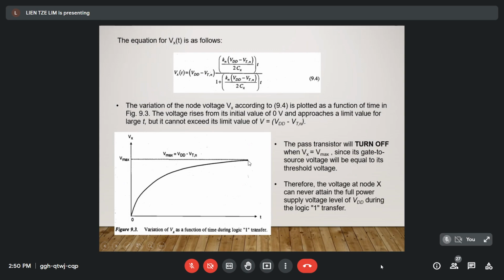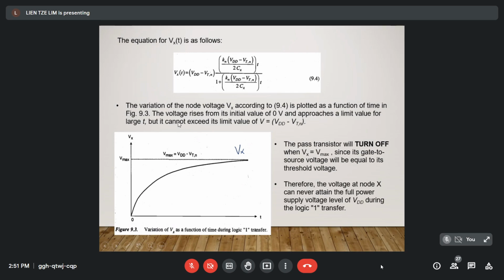This level is the Vmax. The Vx cannot exceed Vmax; the level should be at Vmax or below. The Vmax given here is equal to VDD minus the threshold voltage, VT.